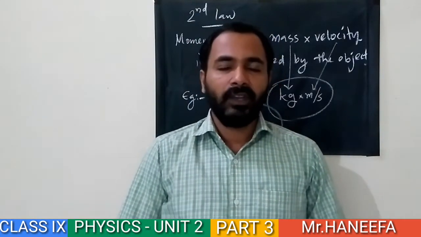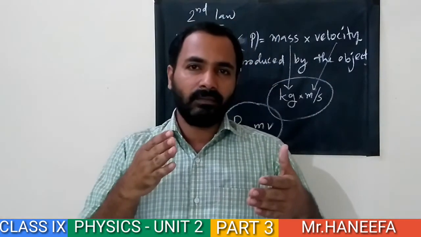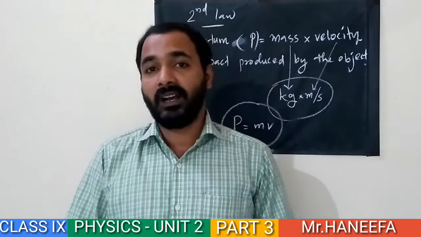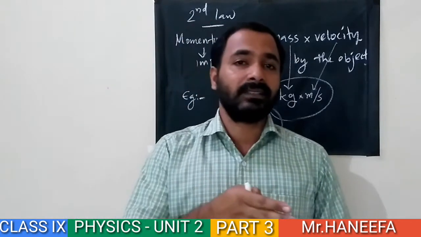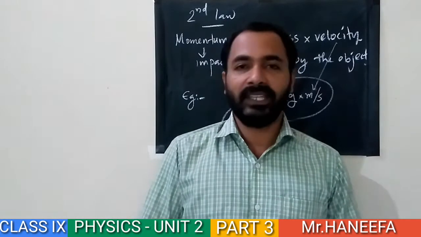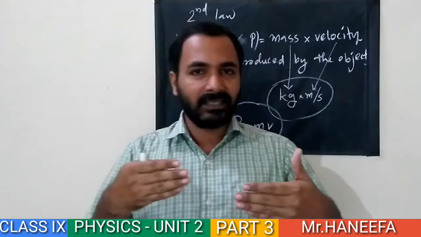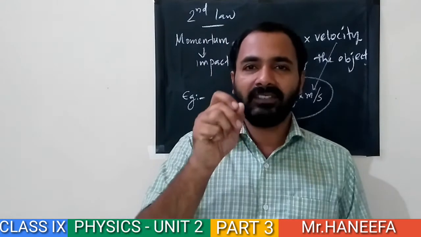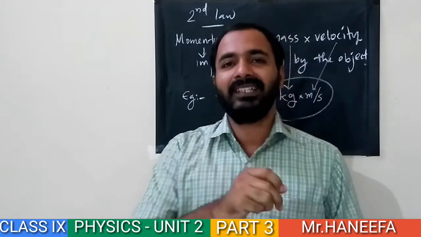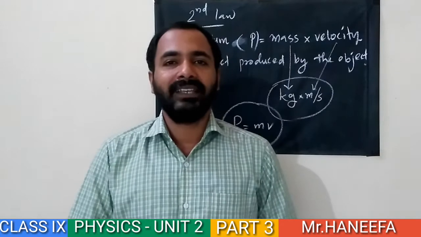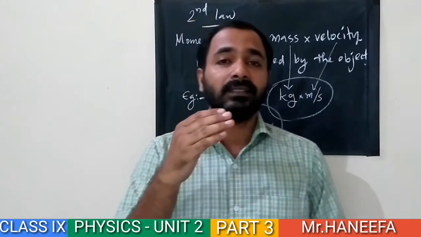Momentum is the impact or result produced by the object. If a car collides with a bus, the impact or result is very high. The momentum is very high. If two bicycles collide with each other, the impact is low. Why is the impact or momentum low? Their mass is low.